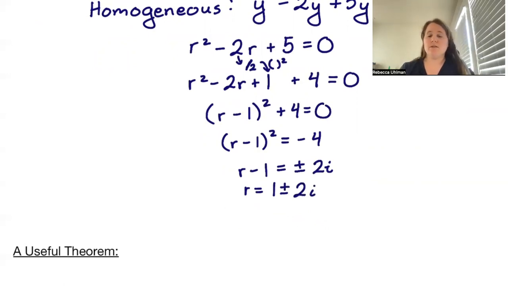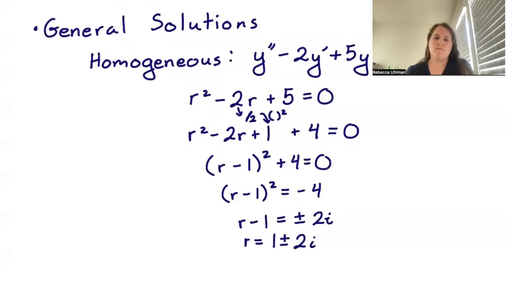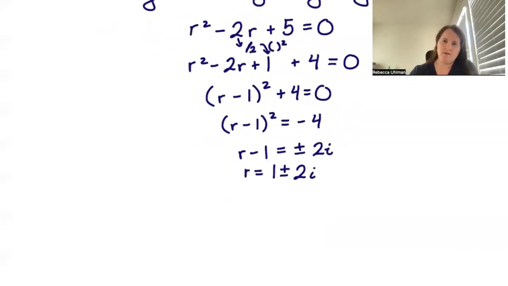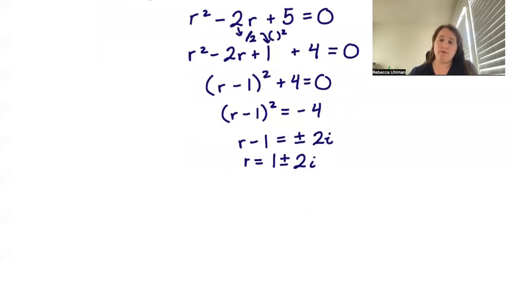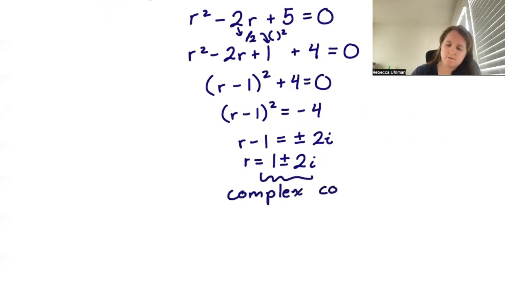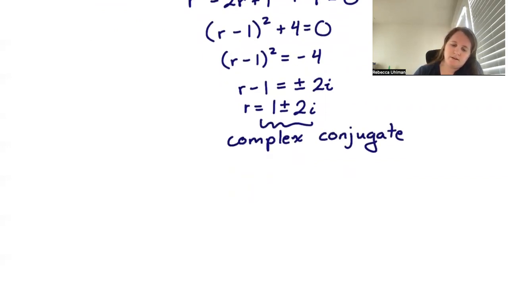I need to give myself just a little more room. From here, we know then that we have our complex conjugate roots. So we get y1 would be e to the 1 times x, or e to the x, times cosine of 2x.